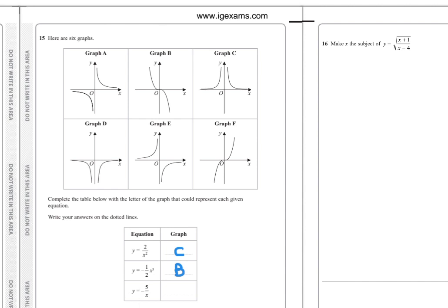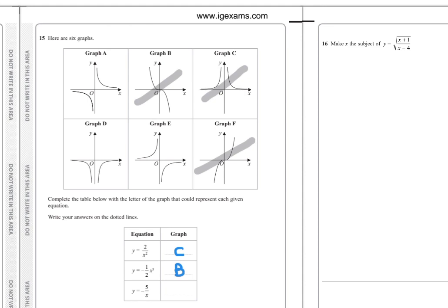The last one, y equals negative 5 over x. Exclude what you took before. So we can exclude C and B, and we don't need F. So we have 3 left. Now y equals negative 5 over x. Now look for the equation. If x is positive, y will be negative. This means if x is positive, the curve is below the x-axis.